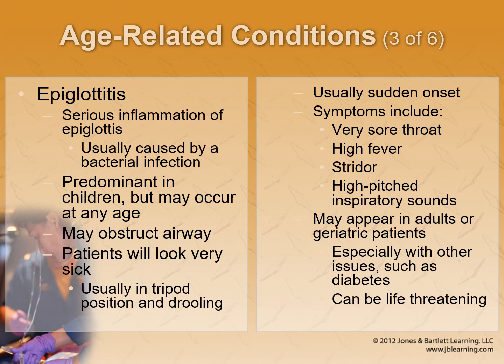The swelling can onset very quickly. It typically presents with a high fever and sore throat. The very, very, very worst sore throat they've ever had is sort of the hallmark in adults. You may get some stridor, but you're going to hear a very muffled voice, right?